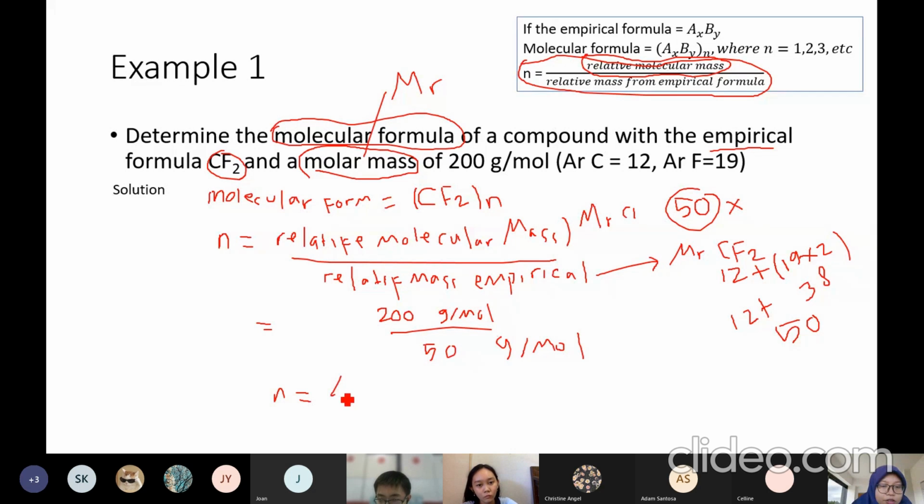So the molecular formula of the compound is CF2 times 4, which is C4F8. Can you understand how to determine the molecular formula from the empirical formula?